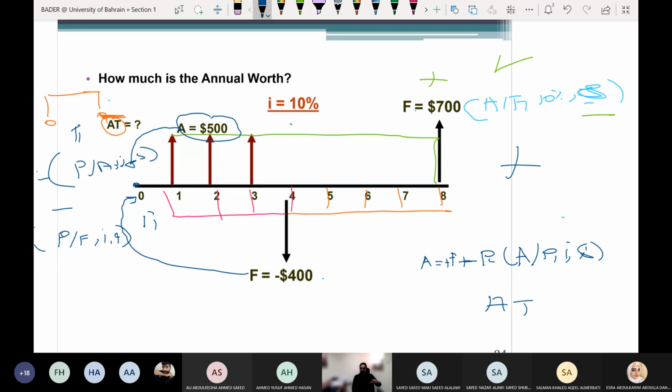We have to use the techniques we learned. The most important, what do I do? I want to make all the variables spread out throughout 8 years. In the scenario of this, I'm going to have a problem. Even if I say find A given F, what is it going to do?